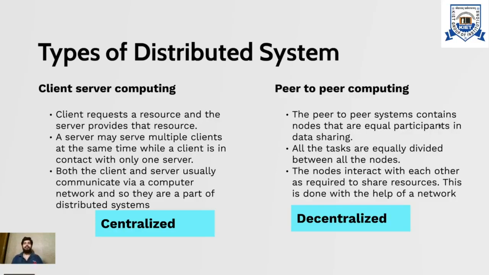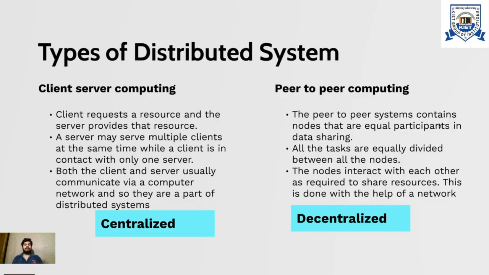When we talk about distributed system in general, it is a decentralized approach. But if you talk about types of distributed system, then client-server computing and peer-to-peer computing are both part of distributed system. Now here in client-server architecture, the client requests a resource and the server provides that resource.